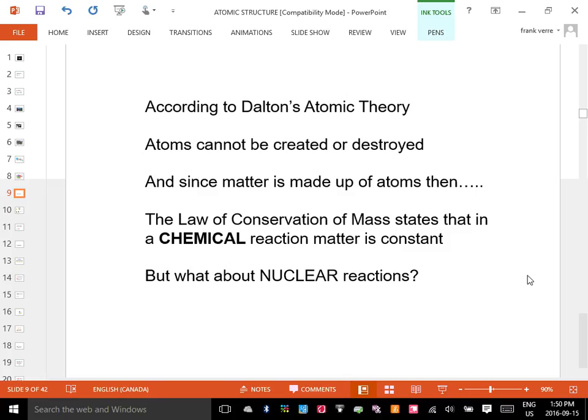You learn about this stuff, right? You learn the atomic theory, Dalton's atomic theory. Now all of this refers to what kind of reactions, that we cannot destroy or create atoms. So if you take magnesium and you burn it, it reacts with oxygen.